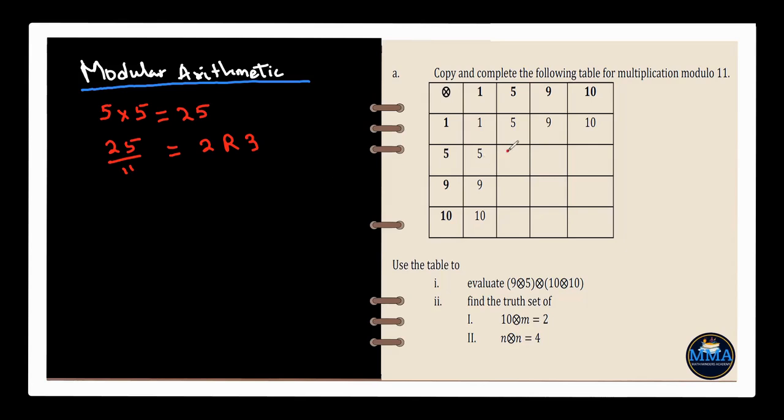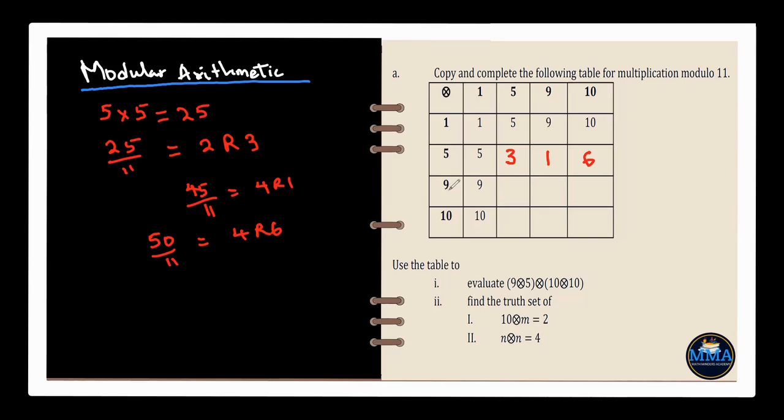So here we enter 3. We do again 5 times 9, that gives us 45. If we divide 45 by 11, it gives us 4 remainder 1. We put the remainder here. 5 times 10 is 50. And how many times can 11 go in 50? 11 can go 4 times in 44. So we have a remainder of 6. We put it.